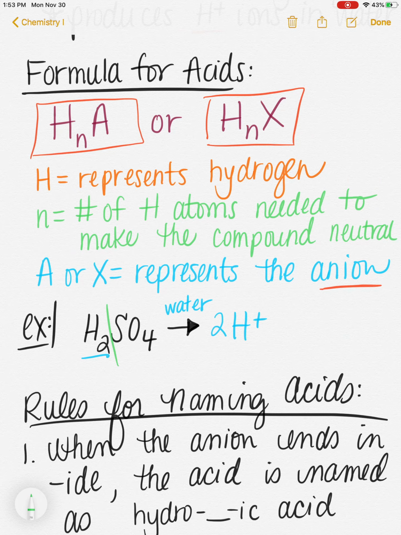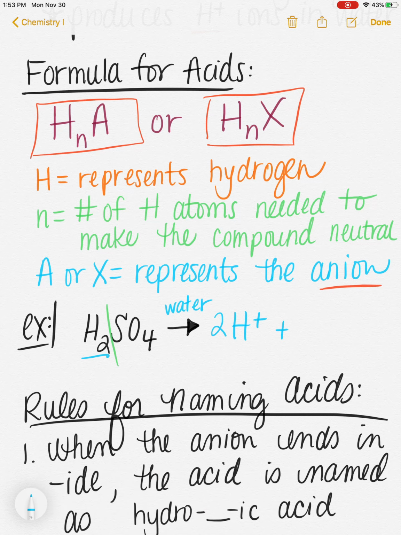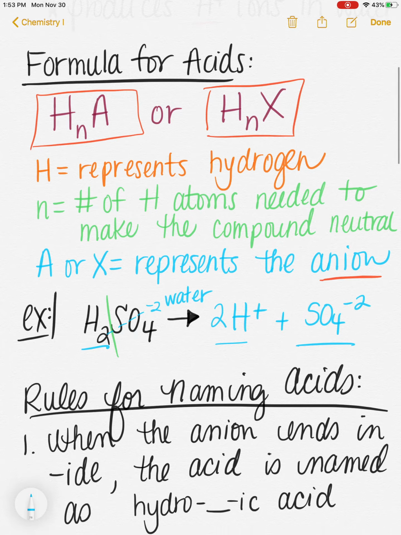I tell my students to break this apart, the hydrogen from the anion. So you would get 2 H+ ions, and then you would get an SO4 2- anion out of this. The 2 came from uncrossing this compound. Remember how ionic compounds are type 1, type 2, where you crisscross. So this is an acid that is made from H+ ions and the sulfate ion.